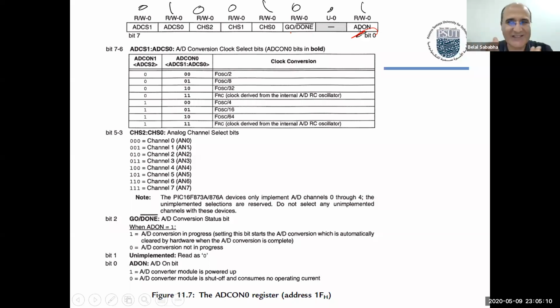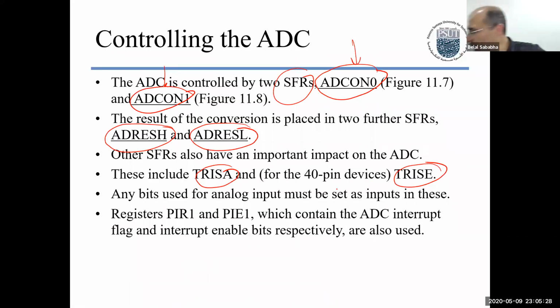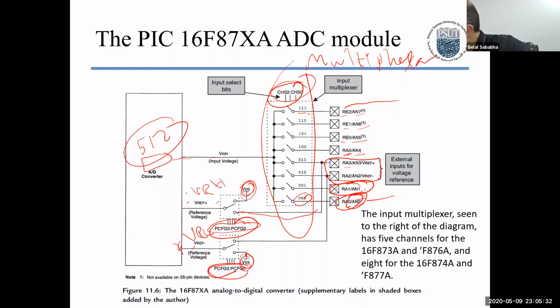I didn't tell it go, since I'm doing initialization right now; when I want to read, I tell it go. Then I selected channel 001, meaning select channel 1, analog 1, which is shared with port A1, the pin that I'm going to pick over here on the 7 segment display on the board.